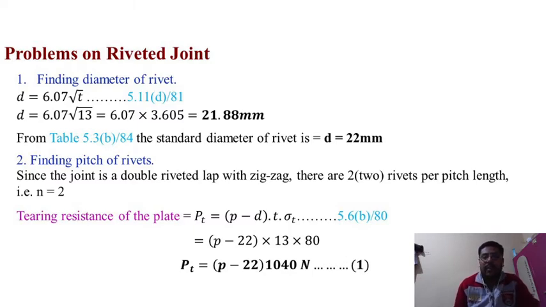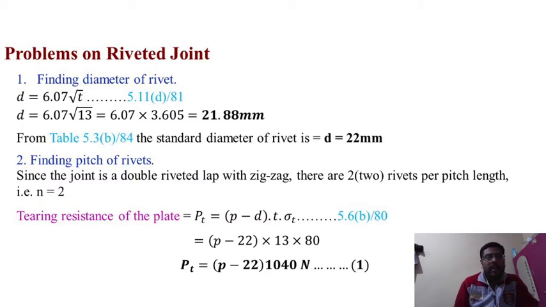Select the formula, d is equal to 6.07 root t. We know that the value of t is 13 mm thickness. Therefore d is equal to 6.07 root of 13, which is 6.07 into 3.605, equal to 21.88 mm.